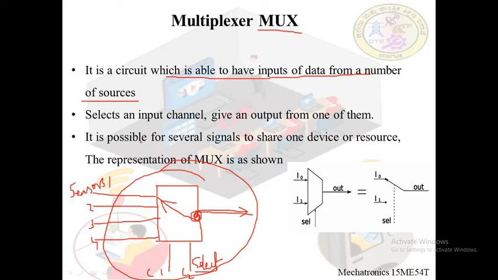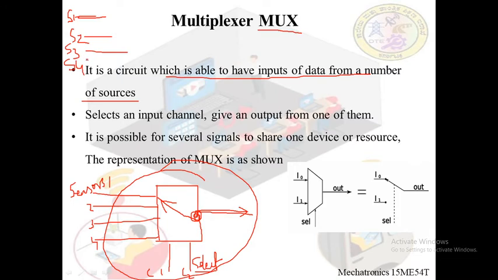So here it is possible for several signals to share one device or resource. How will we understand this? If each input from each sensor is taken to the output device, then it is a very cumbersome task because it needs more resources.